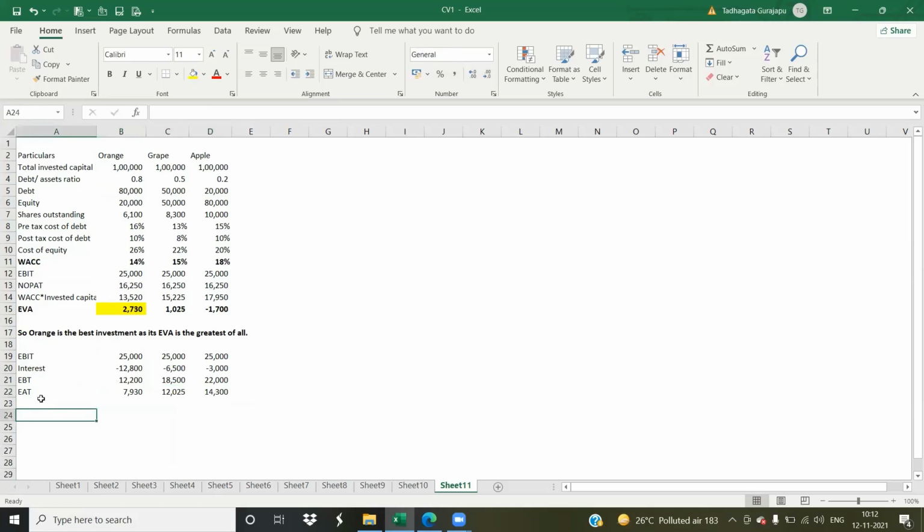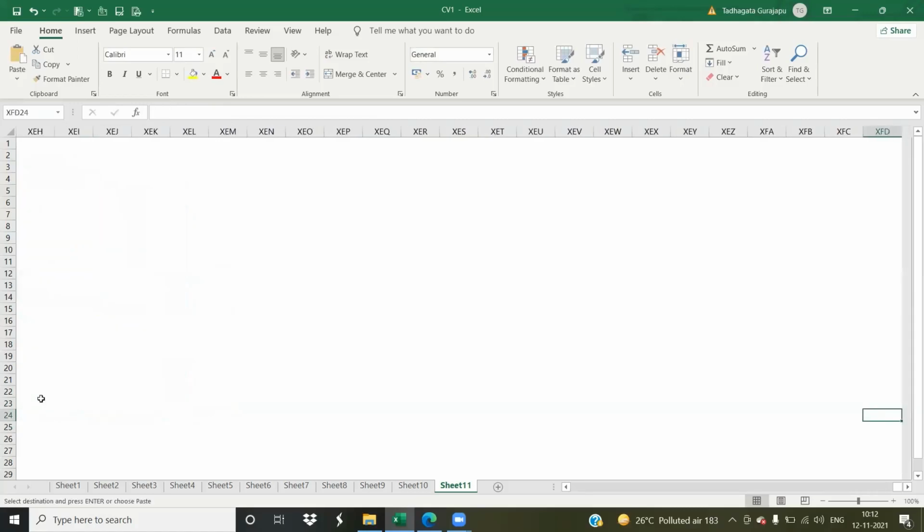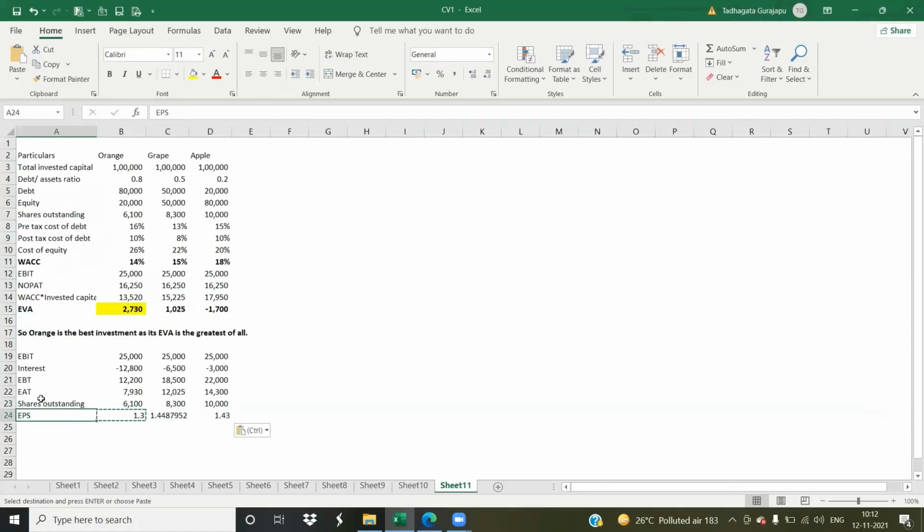Okay. Next you'll find out the number of shares. That's already given, so I'm just linking it here. So now we'll find out EPS. EPS is nothing but EAT by shares outstanding. P is already given.